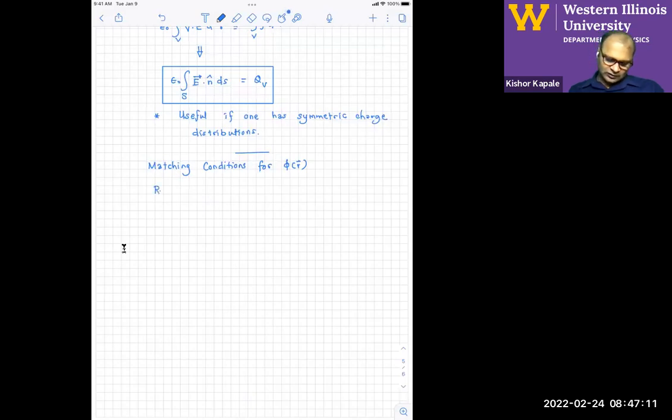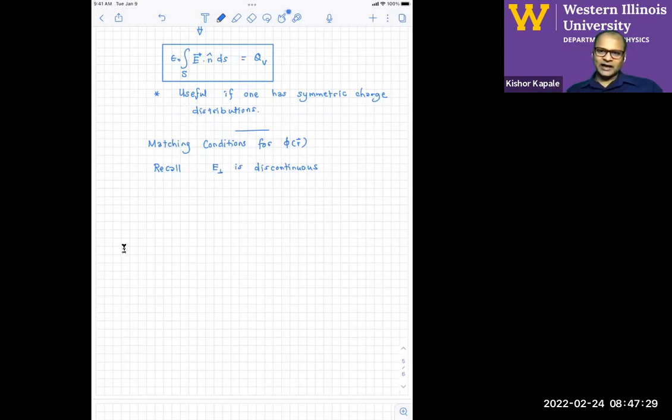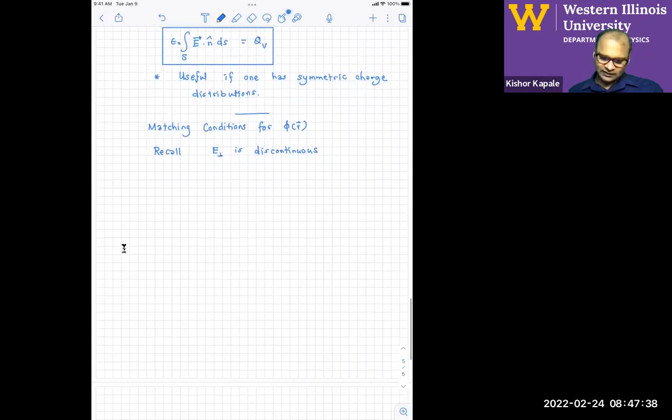Recall that E perpendicular is discontinuous. Again, we make our life easy by assuming it's a simple plane. But if you go from a flat plane to a curved surface, all that happens is the equations have to be applied separately at each point. That's all that changes. Other than that, it's fine. And E parallel is continuous.